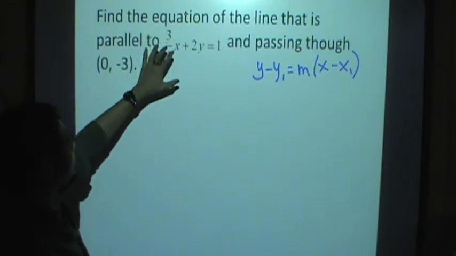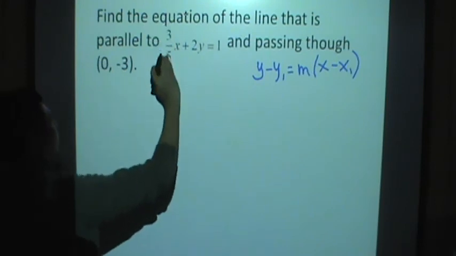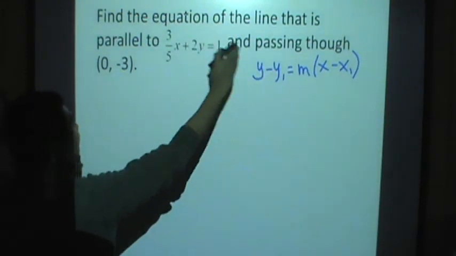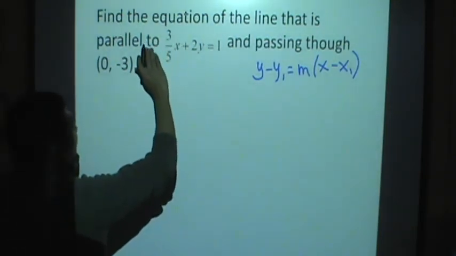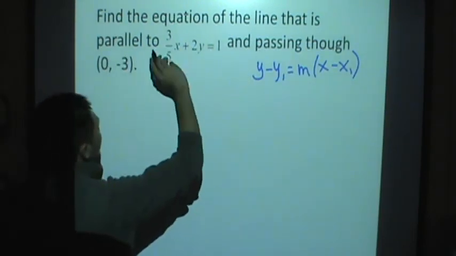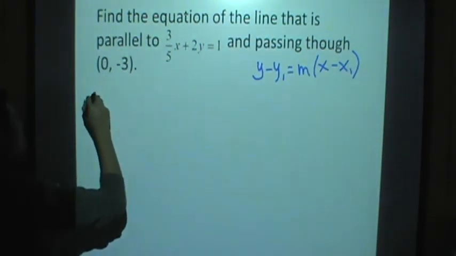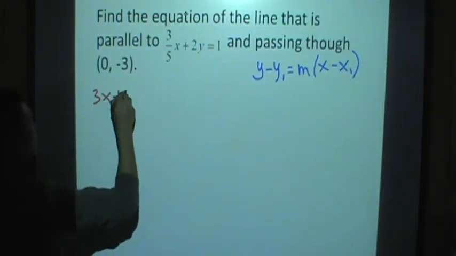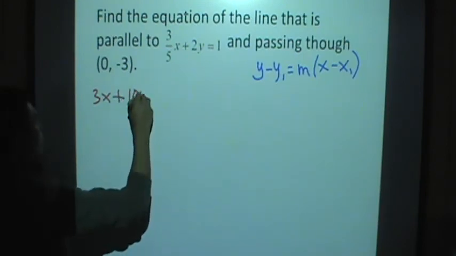So what we need to do is we just need to move the 3 over 5x over. Or if you're comfortable getting rid of the 5, just go ahead and get rid of the 5, by multiplying everything by 5. So if you multiply everything by 5, you will have 3x plus 2 times 5 is 10y.